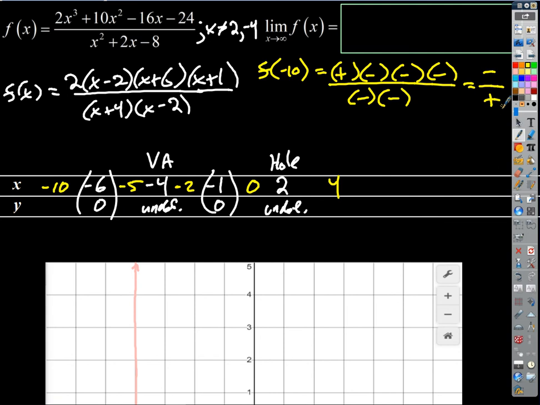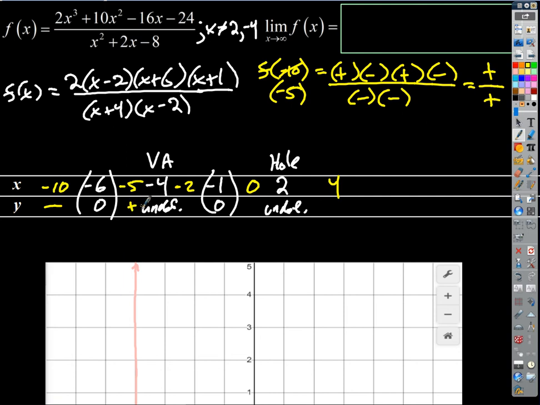At negative 5, if I turn that into a negative 5, this one is going to become positive. Everything else stays negative. So that makes it positive over positive, which is positive.